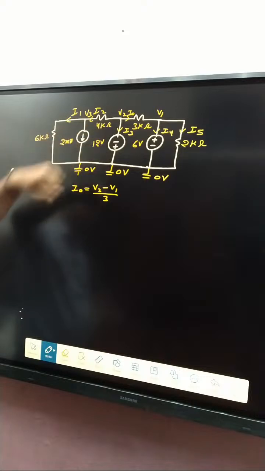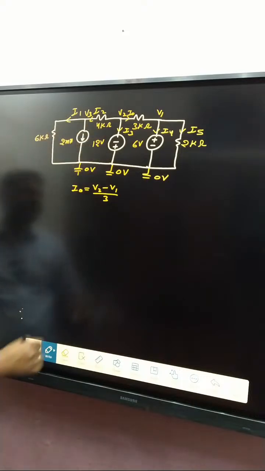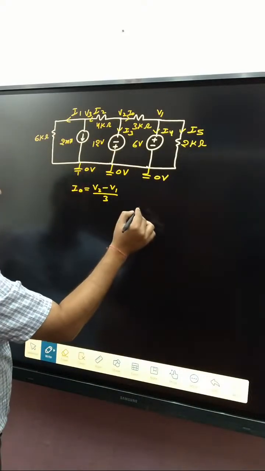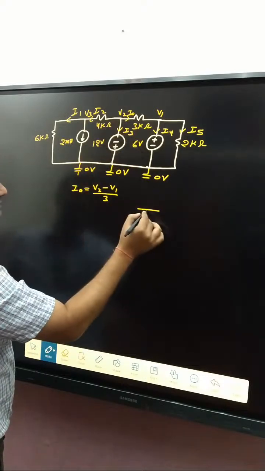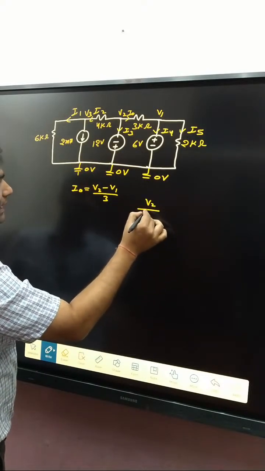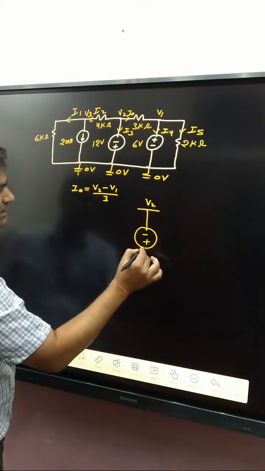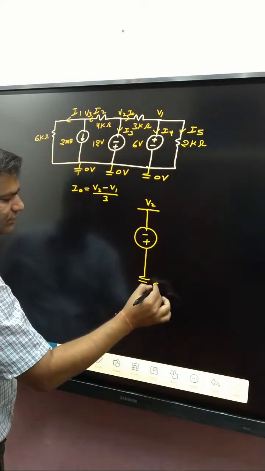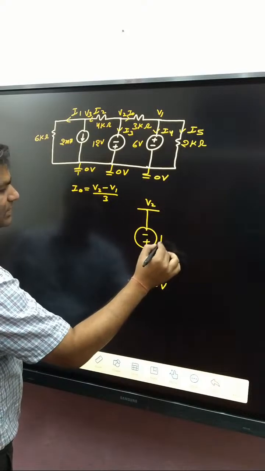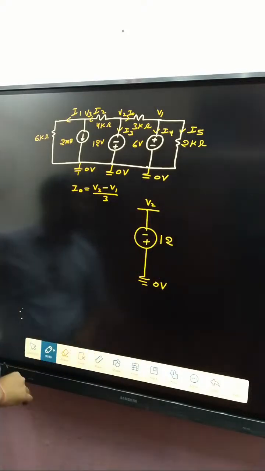So what about V2? This one is V2, and that one is minus plus, and here written 0 volt. And that is how much? 12 volt, and that is V2.